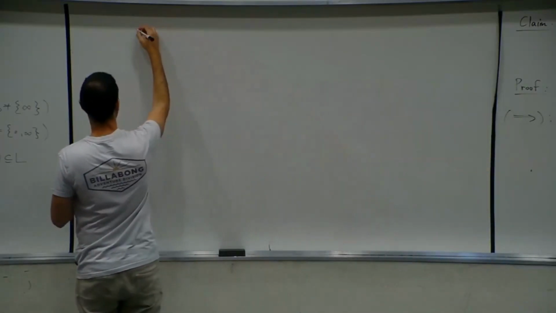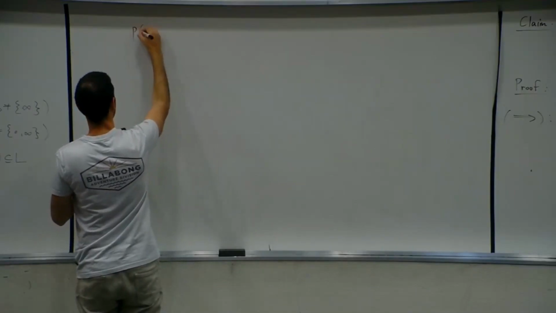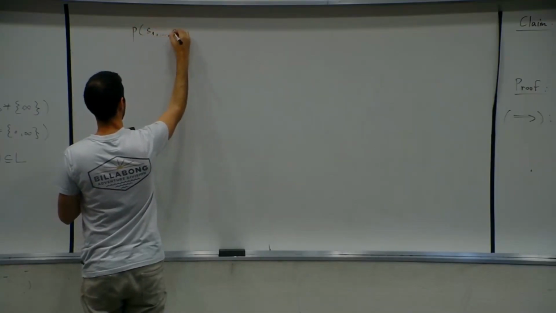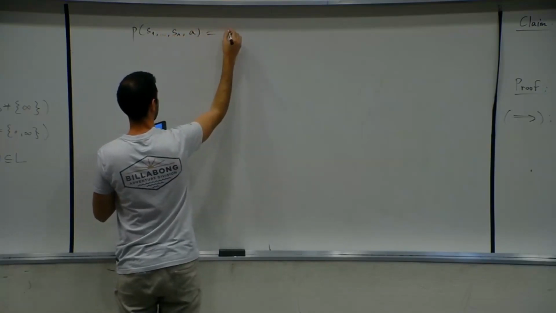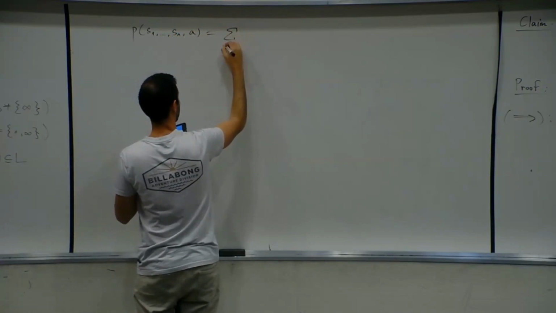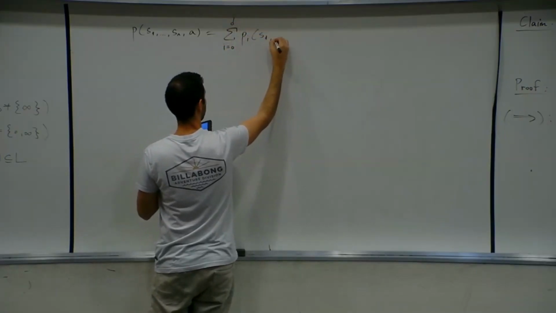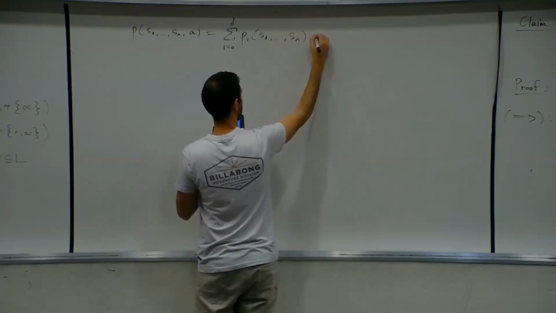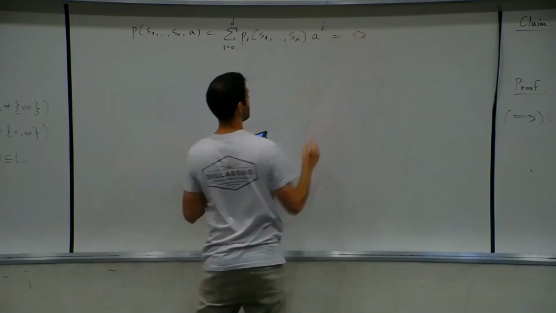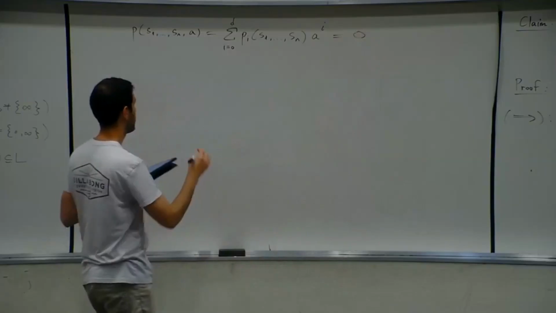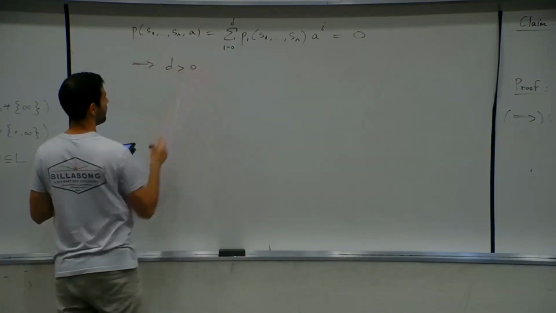We know that P(s1,...,sn,A) is 0. First we can infer that d must be positive.